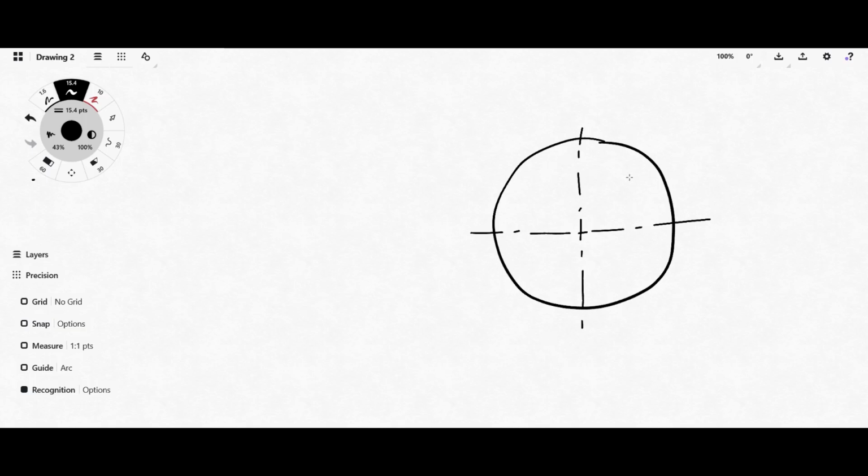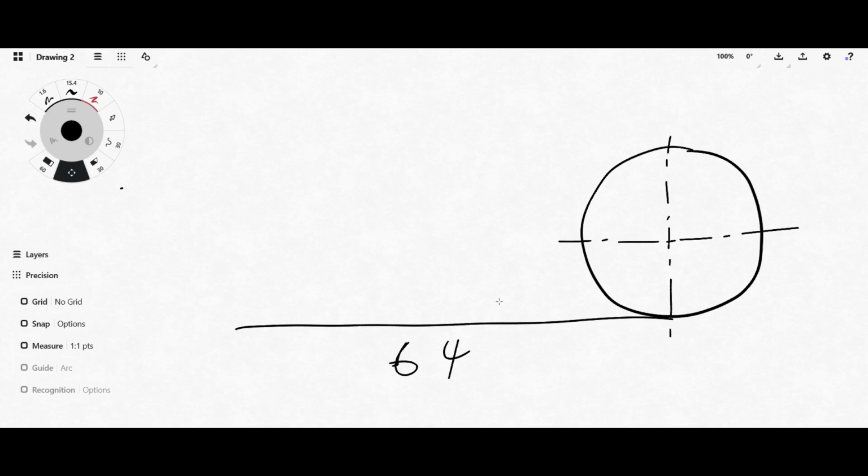After you have your circle, we have our straight line touching it exactly where the center line meets. So you can just draw your straight line here, let's say 64. Right, from this, you've done two parts of the drawing, the easiest parts. Let me put it that way.